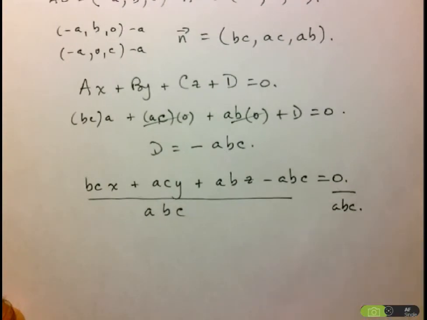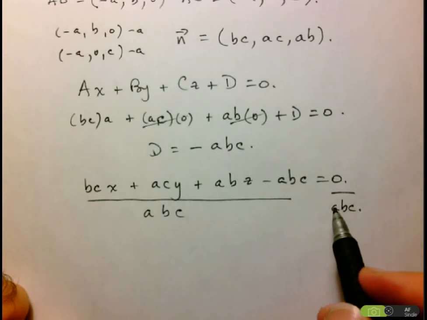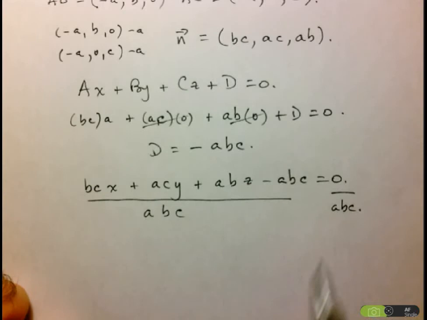On the right-hand side, no problem, it's just 0 divided by that number. One thing to keep in mind is that if we're doing this, there's an assumption we have to make about A, B, and C: we have to assume that none of them are 0. Otherwise, we wouldn't be able to complete this step. So assuming that A, B, and C are not equal to 0, we can do this.